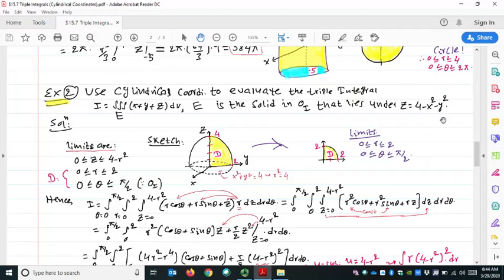Awesome. So in this case, the surface is a paraboloid opening downward, and this is bounded on the first octant. So first octant is this piece.